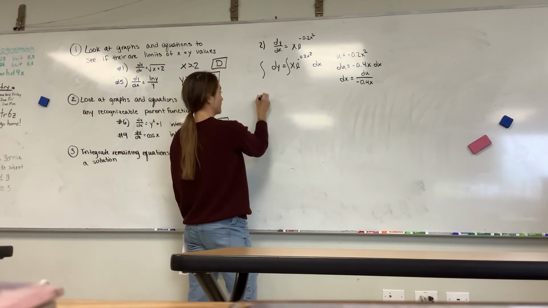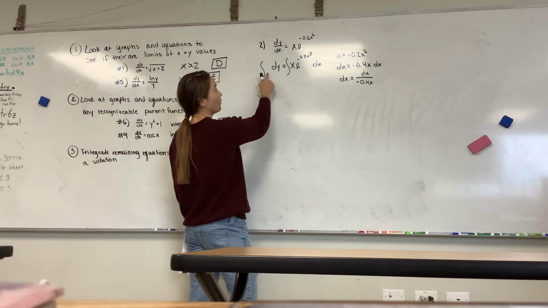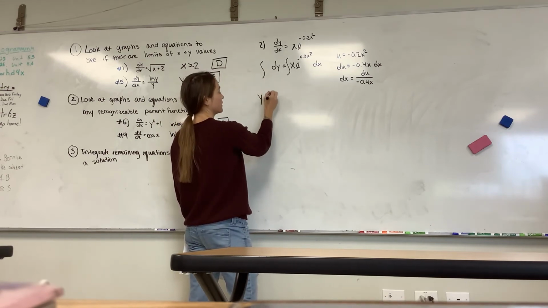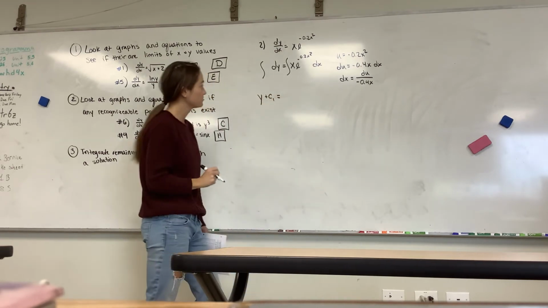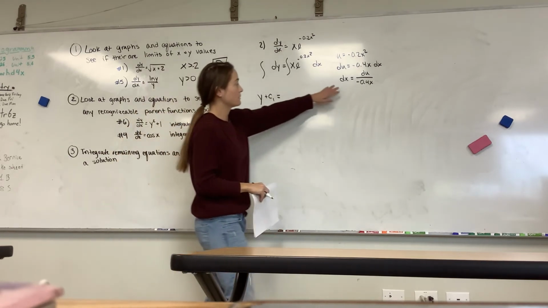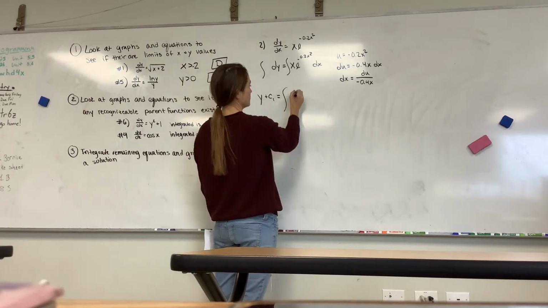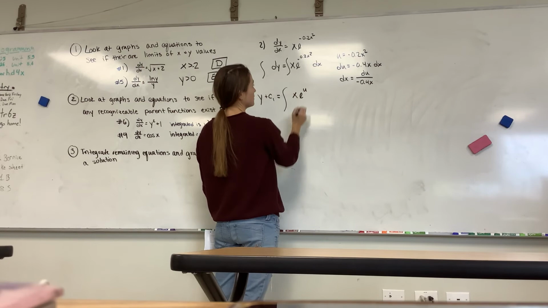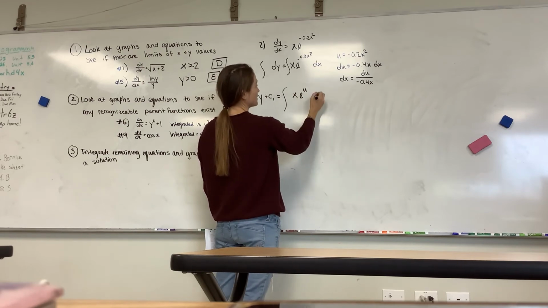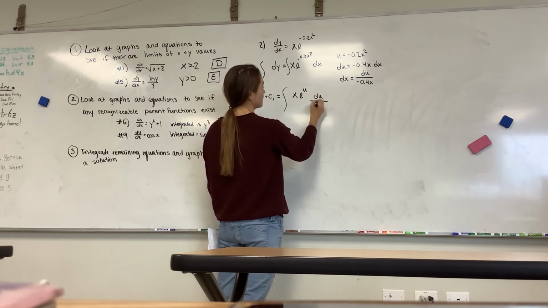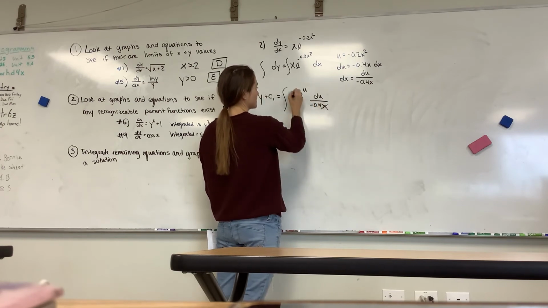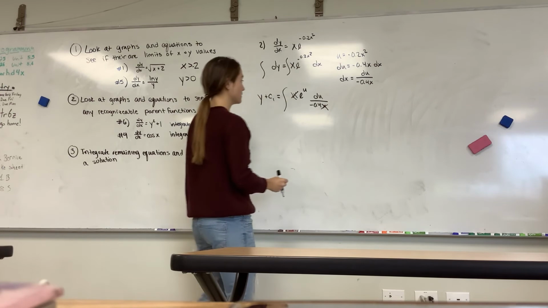Integrating 1 dy, I get y plus c1. So that side's easy. On this side, I'm going to plug this all in really quick and see what it turns into. So I end up with x e to the u, and then dx is equal to du over negative 0.4 x. So my x's cancel out, which is what I needed them to do.